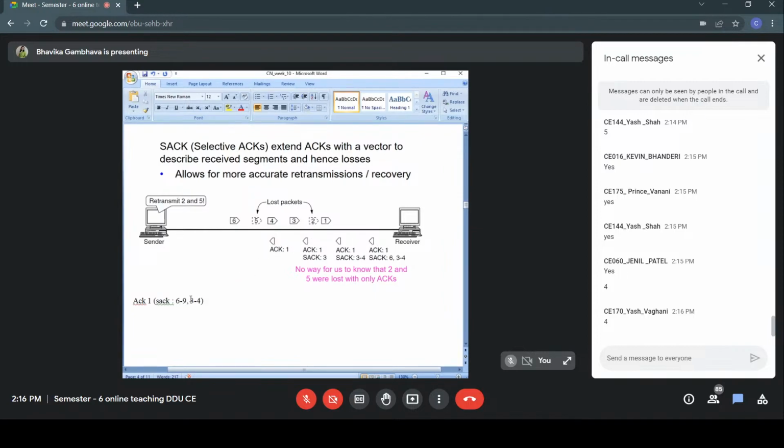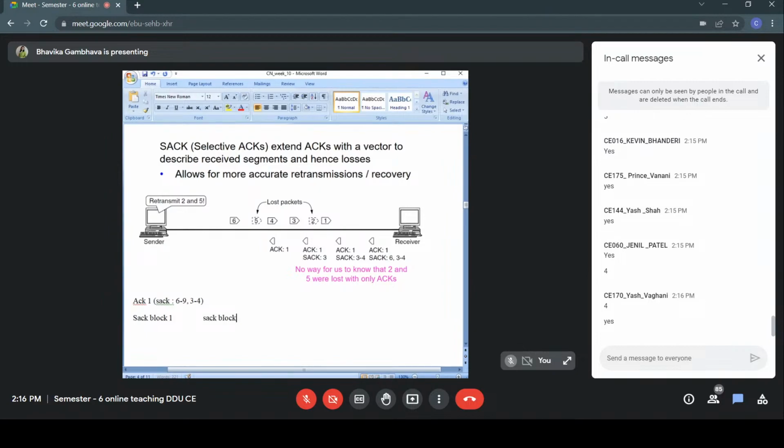So that is 1. Then 1, 2, and 3, there is one gap here, one here, one here. So 3 are indicated by this and 1 by virtue of duplicate acknowledgements. You should be able to indirectly point to 4 losses, as you have rightly said.